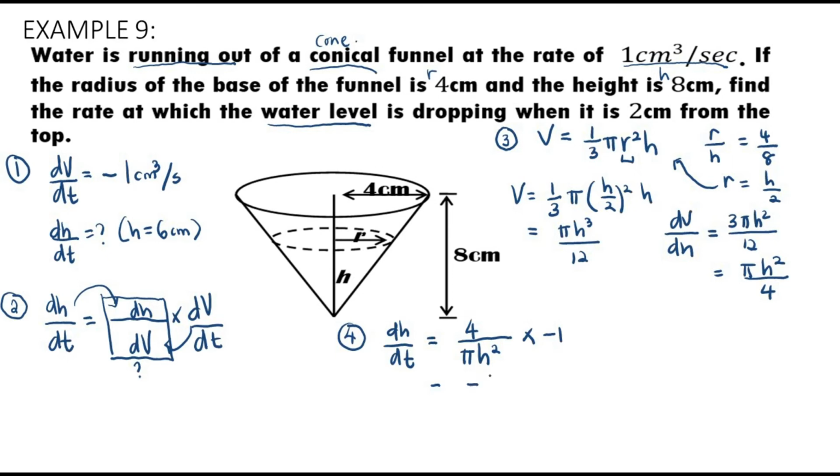So we're gonna get negative 4 divided by pi. H given in the question is basically 6 centimeters. So 6 squared. And finally, our final answer here would be negative 0.0354. And our unit is basically, because it's height, centimeter per second.